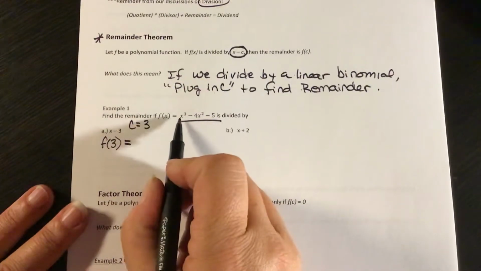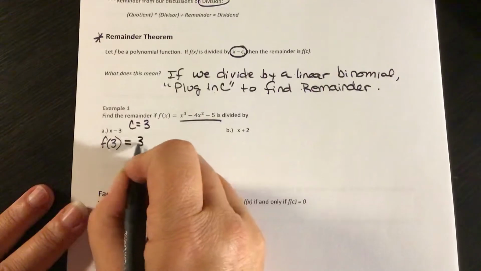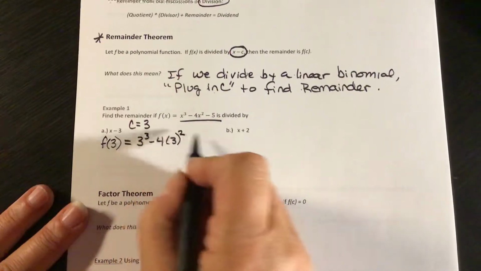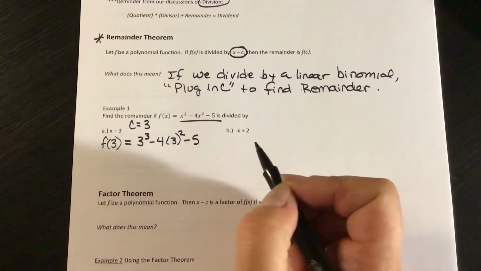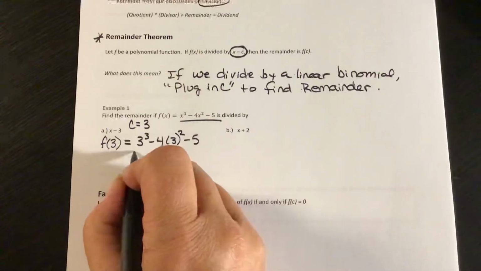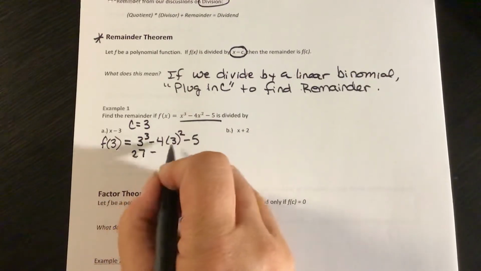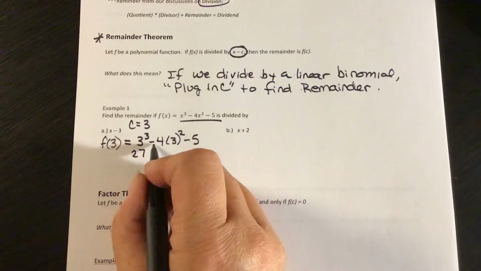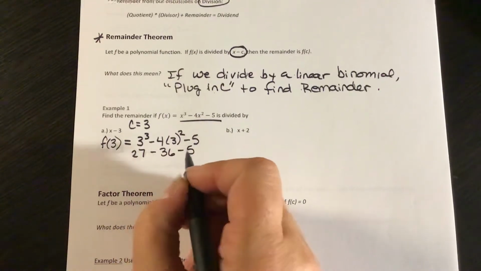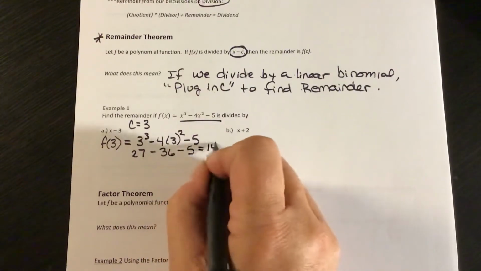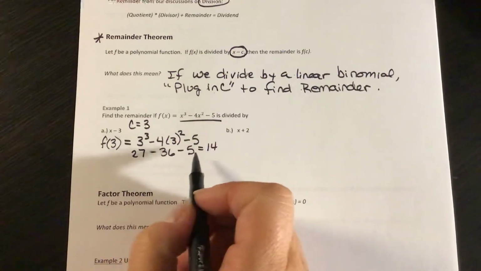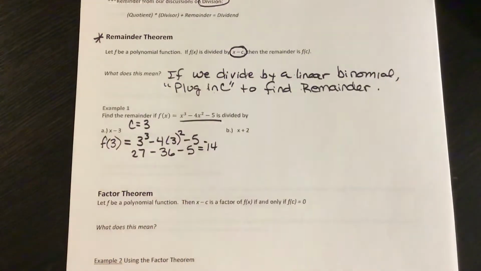So if I just do 3 to the third power minus 4 times 3 squared minus 5, and I'm just going to calculate what this is. So 3 to the third is 27, minus 3 squared is 9, times 4 is 36, minus 5. 27 minus 36 minus 5 is negative 14.